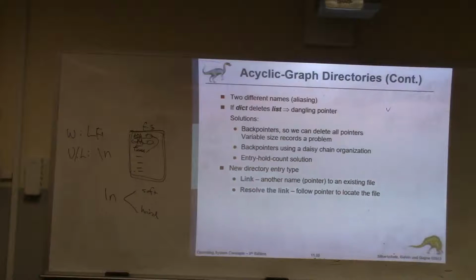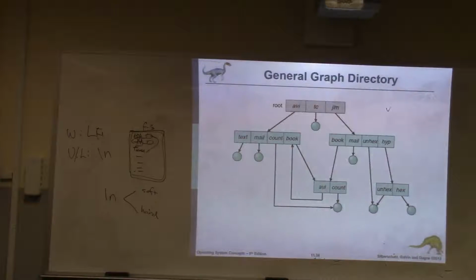So we have a link. This is a general graph directory structure, which is the same as what we are using in our current operating system.